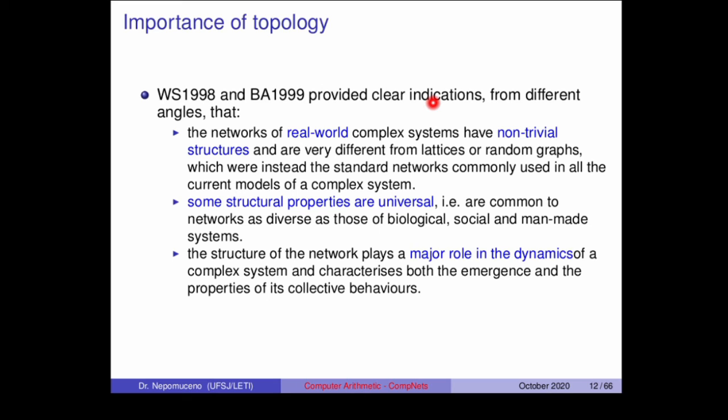Some structural properties are universal, that is, common to networks as diverse as biological, social, and man-made systems. The structure of the network plays a major role in the dynamics of complex systems and characterizes both the emergence and the properties of their collective behaviors.